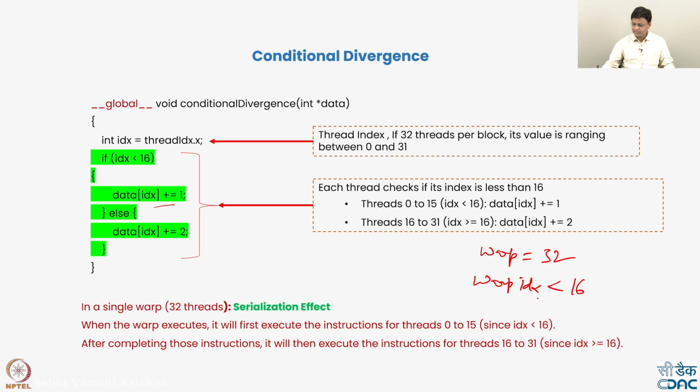If IDX is greater than 16, it has to perform the second operation. Again, you can see that it is going to give you the serialization effect and significantly degrade the performance of your application on a particular GPU.